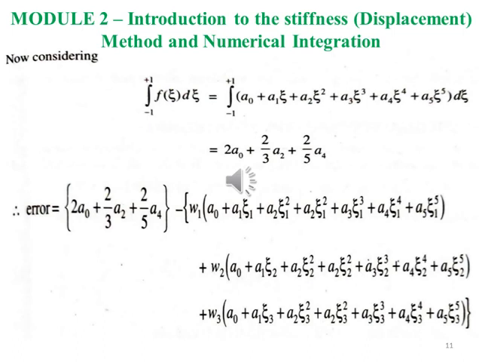So now considering integrating f of z dz from minus 1 to plus 1, we have the integral from minus 1 to plus 1 of a0 plus a1 z plus a2 z square plus a3 z cube plus a4 z power 4 plus a5 z power 5 dz, which is equal to 2 a0 plus 2 by 3 a2 plus 2 by 5 a4.